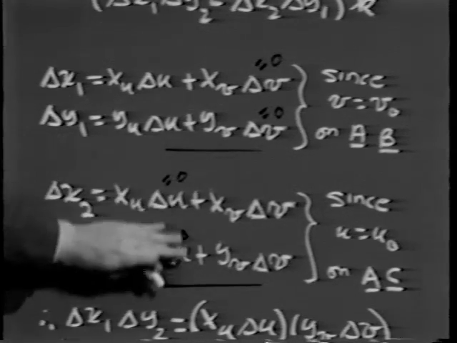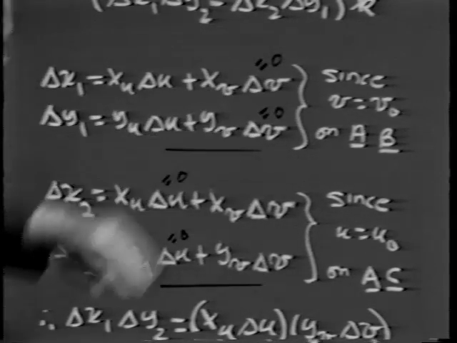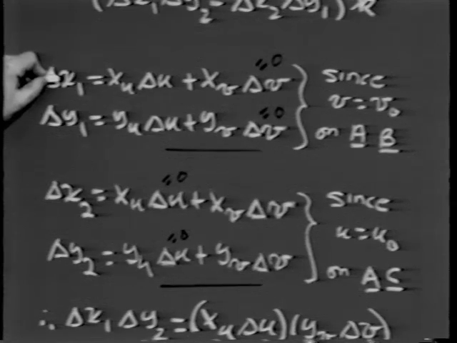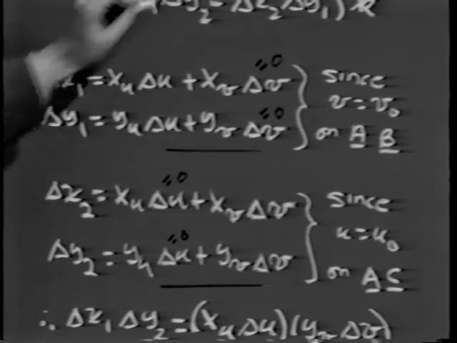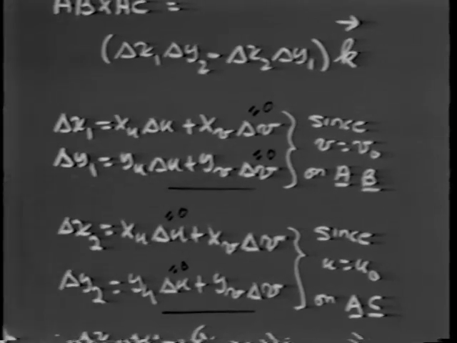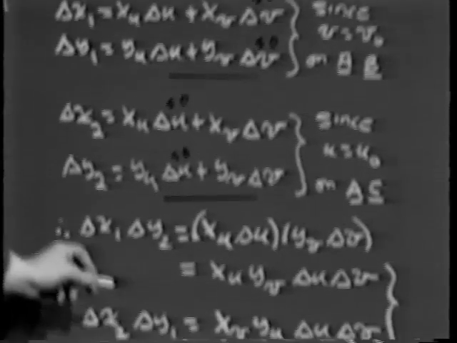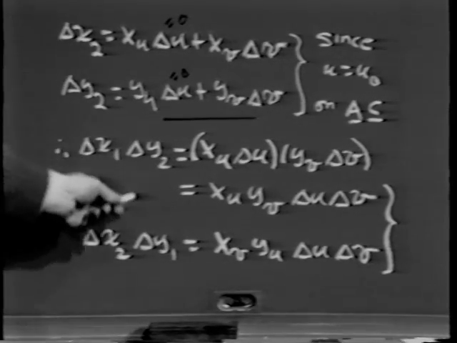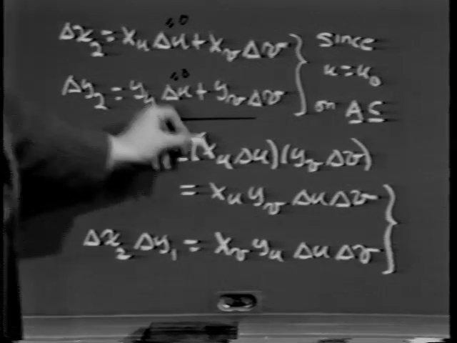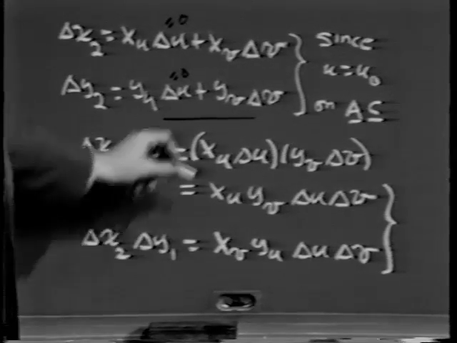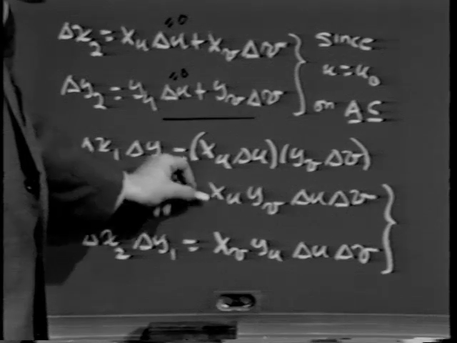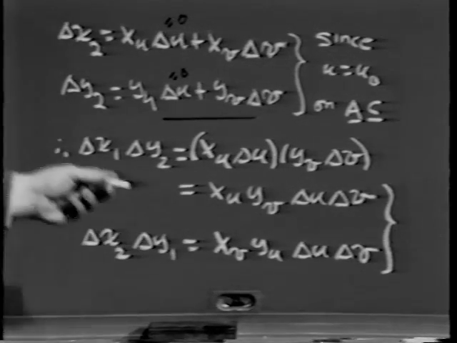And now, with these terms being 0, I can very simply compute the product delta x1 delta y2 minus delta x2 delta y1. And if I do that, you see, right away what I obtain is what? It's this times this. Okay, collect the terms here.